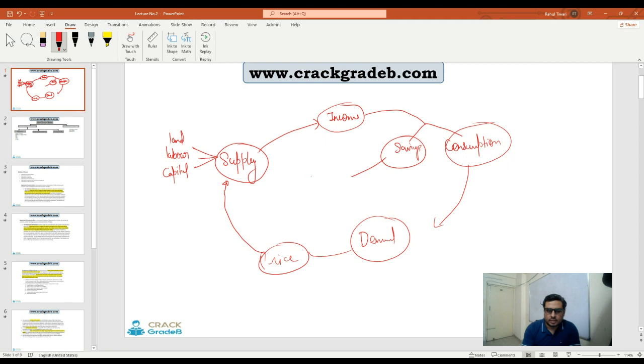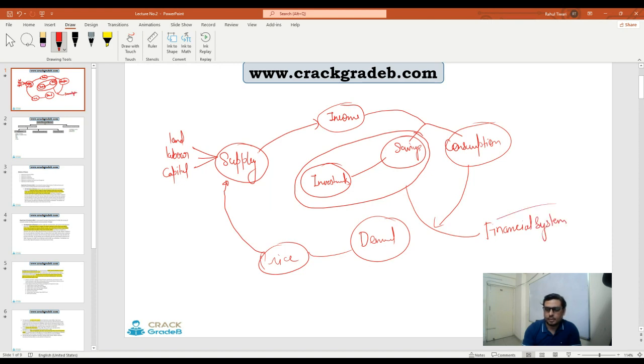Our savings can be converted into investments. The part which converts our savings into investments comes under the category of the financial system. And I told you the financial system is basically a system where there are financial intermediaries as well as financial markets.